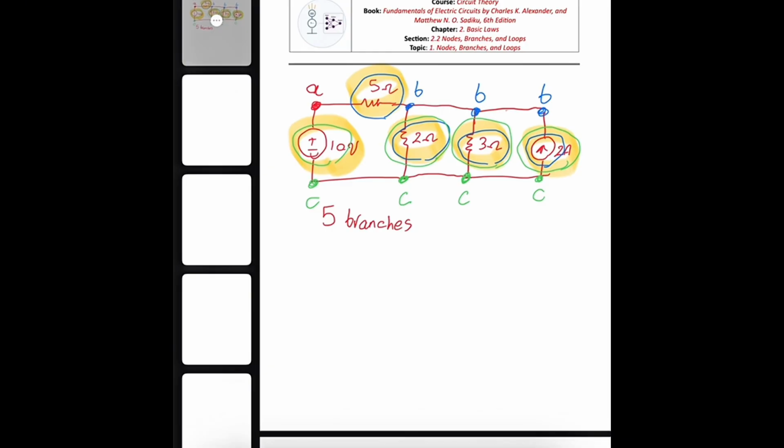So, now is the right time to talk about parallel and series elements. We say that if 2 elements are connected to the same 2 nodes, they are in parallel. So, in that case, what elements are in parallel? The 2 ohm resistor and the 3 ohm resistor, both of them are connected to the same 2 nodes.